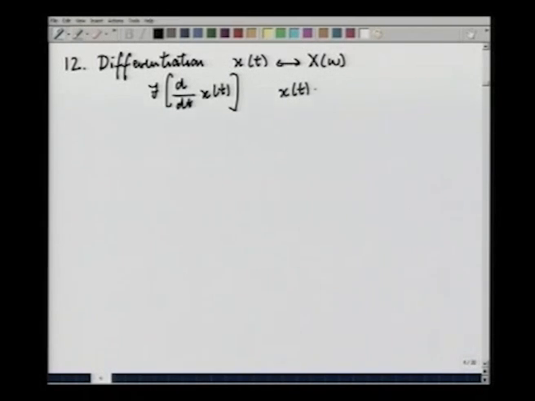x t equals integral 1 by 2 pi, of course, minus infinity to infinity X omega e to the j omega t d omega, and differentiate this equation with respect to time.